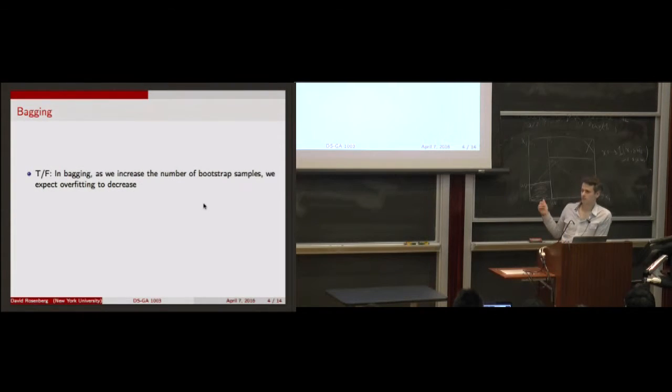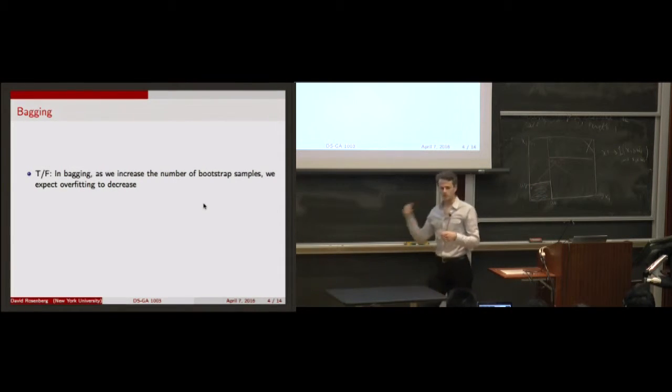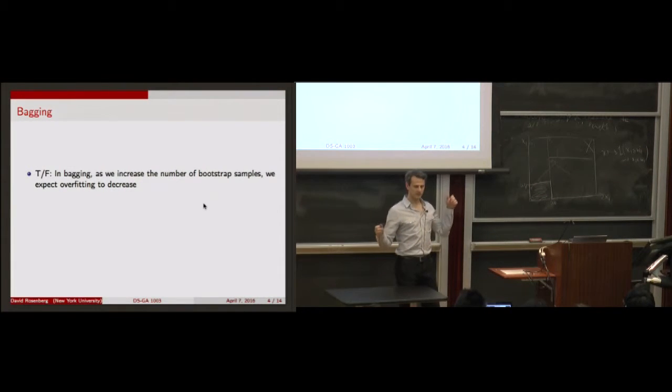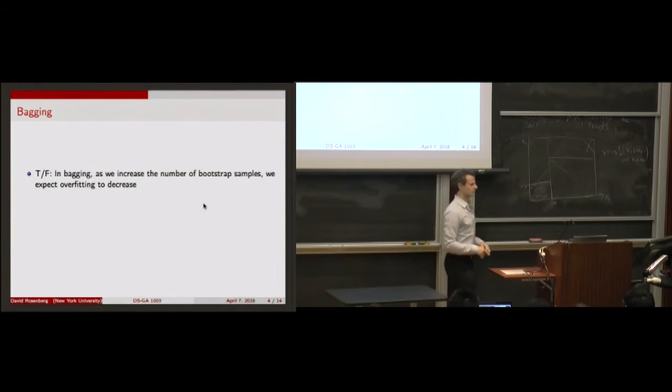It's true, false. True means we think it's good to keep adding more functions. If you keep adding more functions to this average, it's not going to overfit as much.